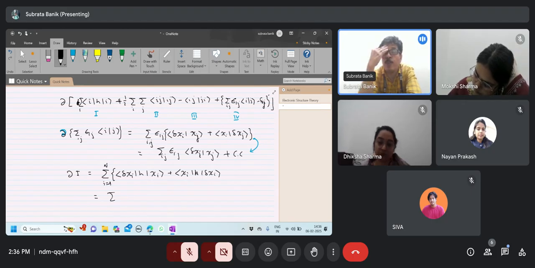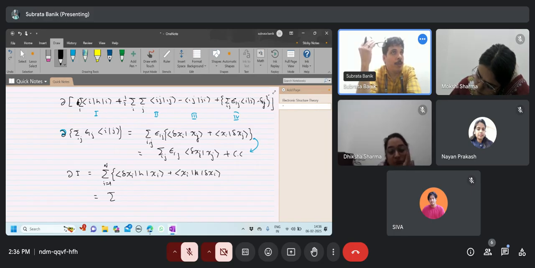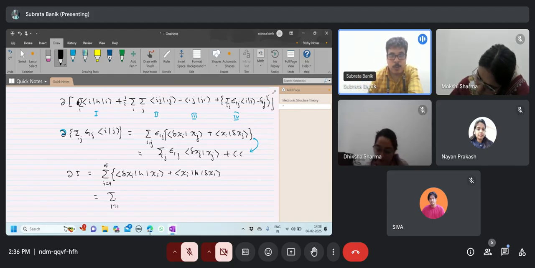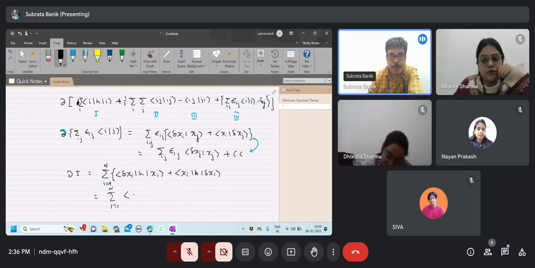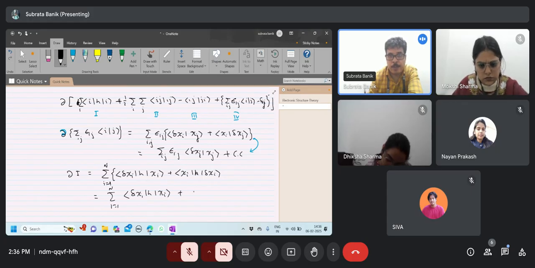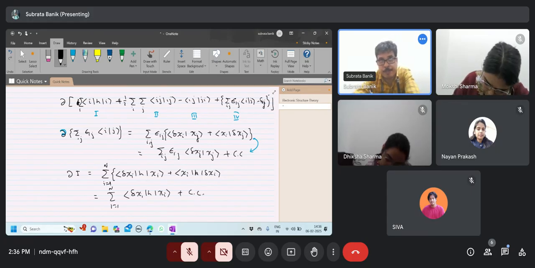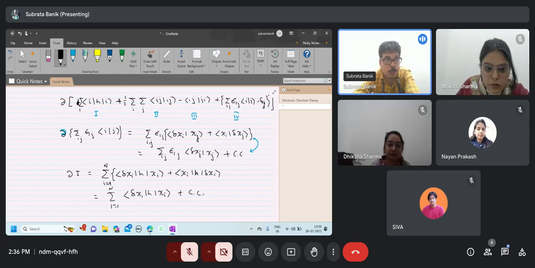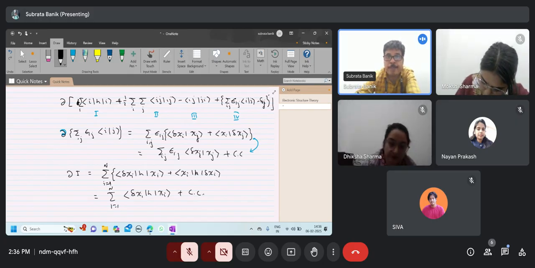All the Hamiltonian is a Hermitian operator, right? So H star equals H. That's the definition of an operator that must be Hermitian. So you can also write, for i equal to 1 to n, delta chi i H chi i plus complex conjugate. I don't need to write both terms. Knowing that one term is the complex conjugate of the other, we just write that.